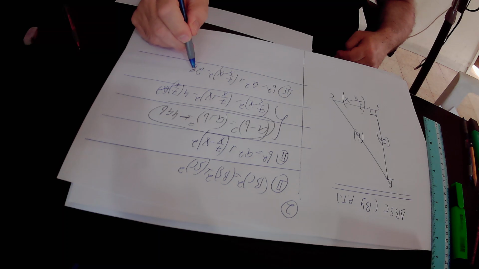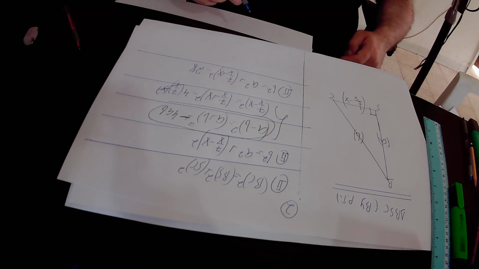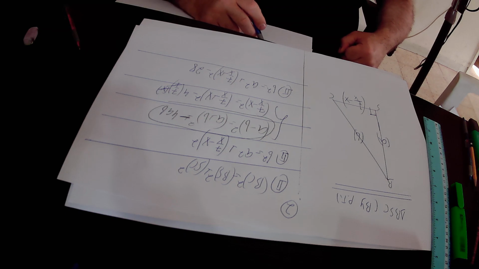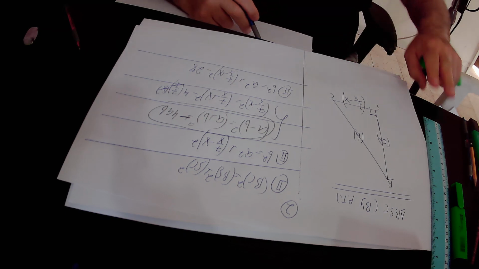So in conclusion, according to equation 2, B square equals A square plus 7 over X plus X square minus 28.